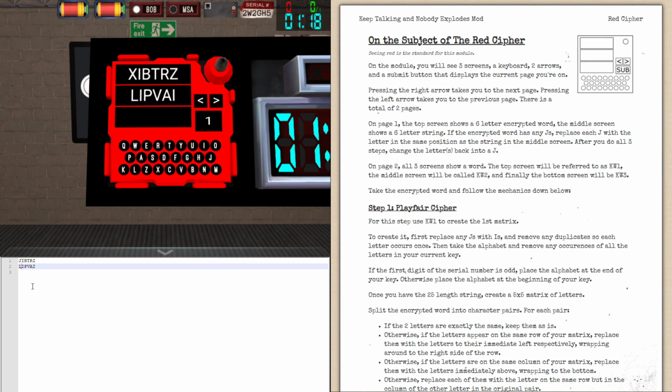So this J would be replaced with an L, or if this was a J, it would be replaced with an A. Except there are no J's whatsoever, so we don't need this middle screen.